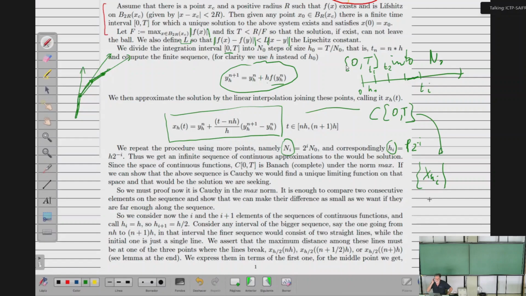And since this space is complete, the only thing we need now is to prove that this is a Cauchy sequence.